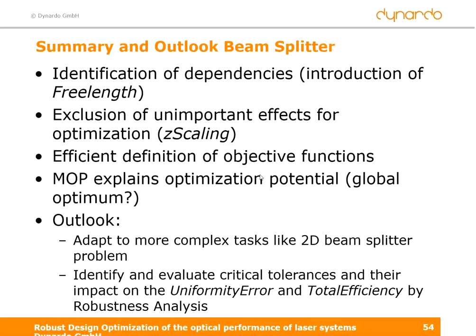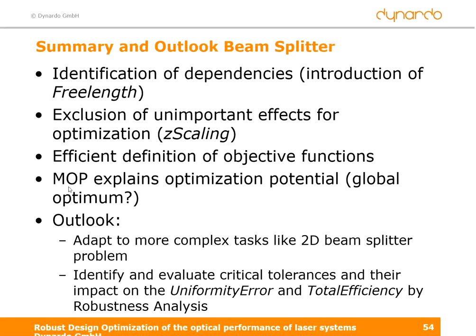So, to sum up, we identified the dependencies by this beam splitter example by introducing this free length parameter. This was possible due to this parallel coordinates plot. We also excluded unimportant effects. This was here illustratively shown for the set scaling. We have already defined efficiently our objective functions to get a very efficient optimization.